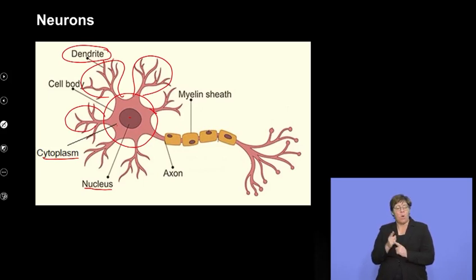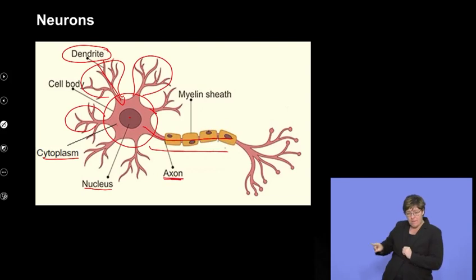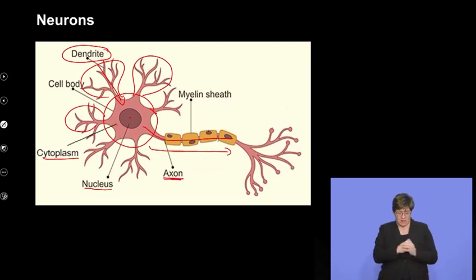They will always take the nerve impulse towards the cell body, right? Then we have a very long protrusion here, and that we call the axon. The axon will always take the nerve impulse away from the cell body, right? So the cell body is your central place here. The dendrites will take it towards it, and the axon will take the impulse away from it.